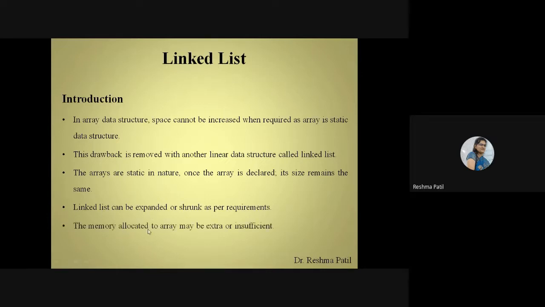The memory allocated to an array may be extra or insufficient. If we have already declared the array and the user enters fewer elements than the array size, then the remaining space is wasted. But at runtime, if the user needs more space, that part is insufficient.